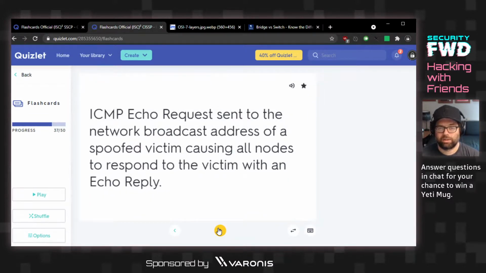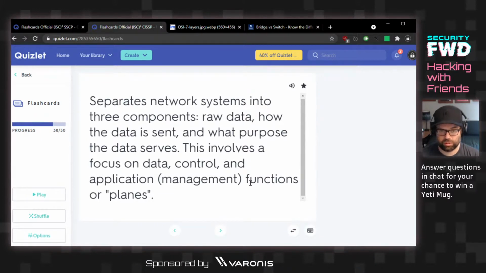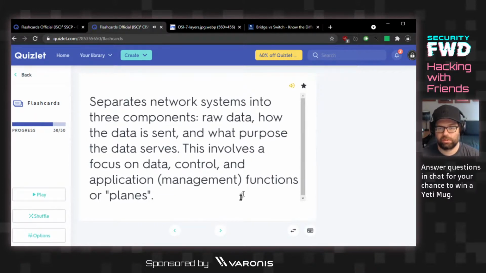ICMP echo request sent to the network broadcast address of a spoofed victim, causing all nodes to respond to the victim with an echo reply. It's ultimate ping of death. Smurf. Separates network systems into 3 components: raw data, how the data is sent, and what purpose the data serves. This involves a focus on data, control, and application management functions.